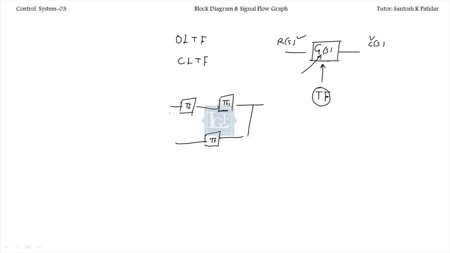Inside this block we can assume we'll get this complicated circuit. Is it okay? So what will be our task here? Our task will be to convert this entire complicated circuit into a single block diagram or single transfer function. So we need a reduction of this circuit.